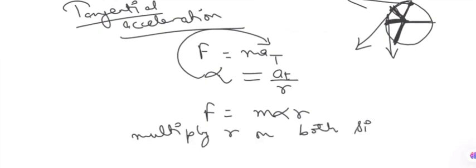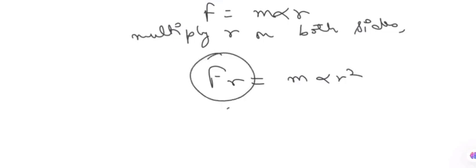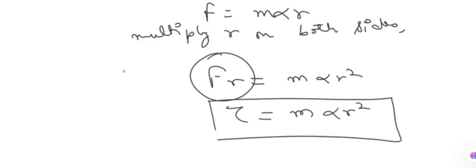Then it will be Fr equals m alpha r square. So what is Fr? Torque. What will be this? M alpha r square. So I got a formula for torque now. Understood or not?